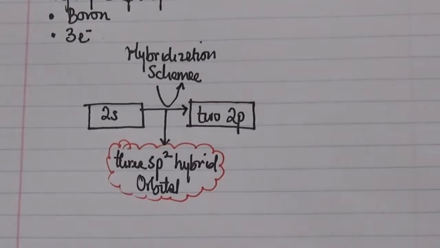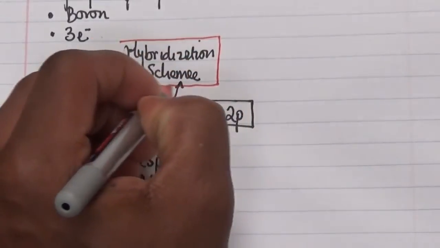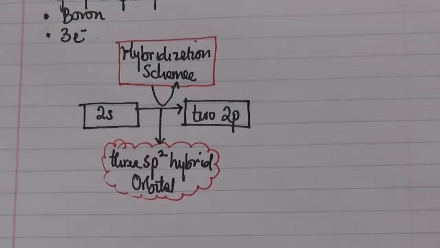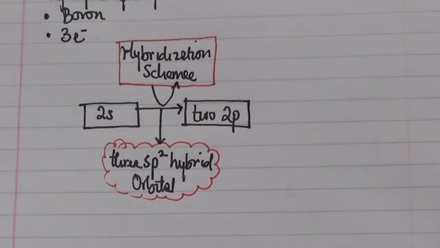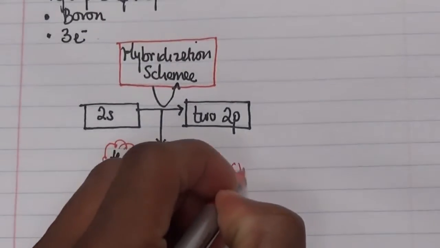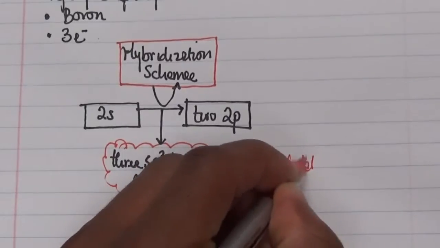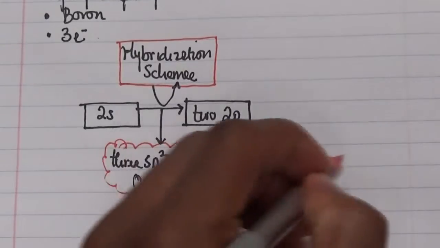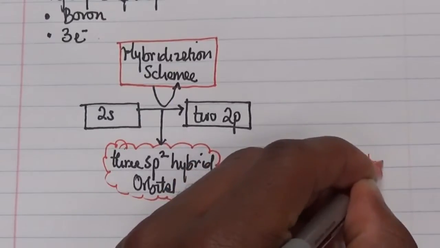So that is the purpose of the hybridization process. We have to note that since there are 3 sp2 hybridized orbitals, only one of the p orbitals in boron will be left unhybridized.